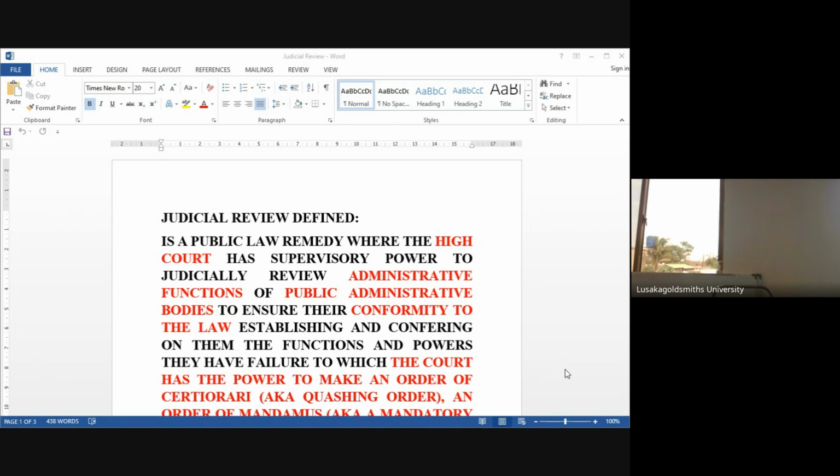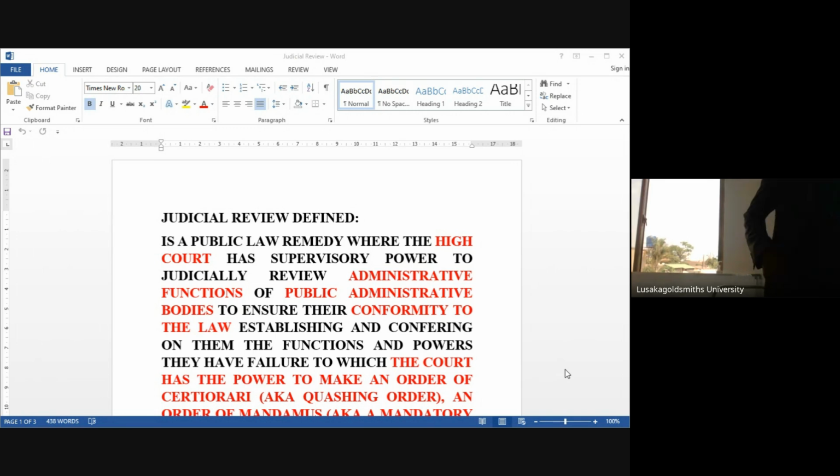So it's a specific performance. Act to that specific requirement as is provided for in the contract. So we call it an order of specific performance in the law of contract. Otherwise, in public law, that is what we refer to as an order of mandamus.